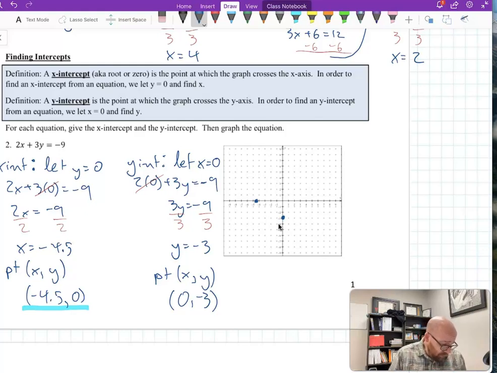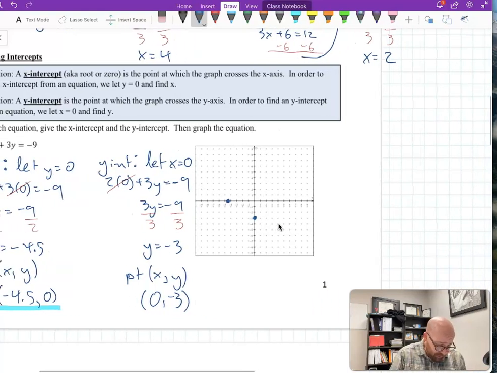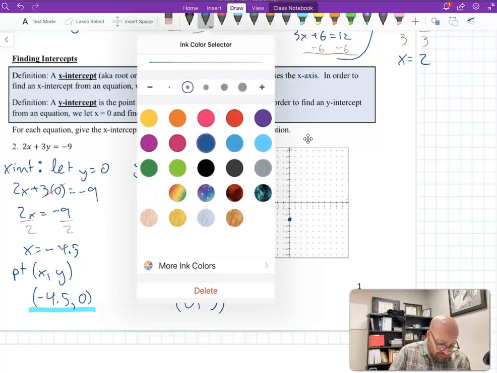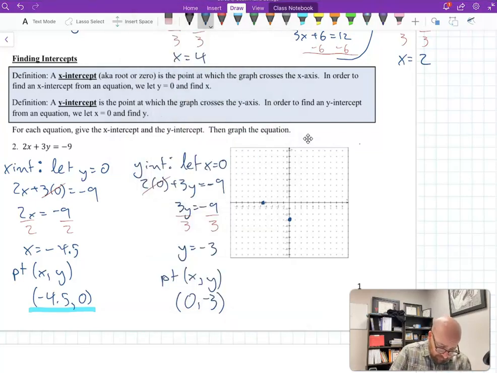So what's another point that we could find? I'm going to be a little bit choosy here. I'm going to let x equal 3, and I'll explain why I let x equal 3 later.